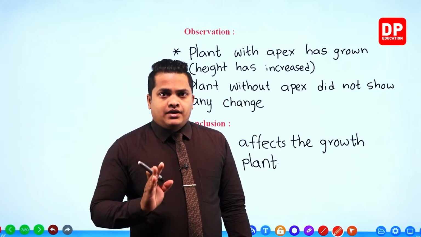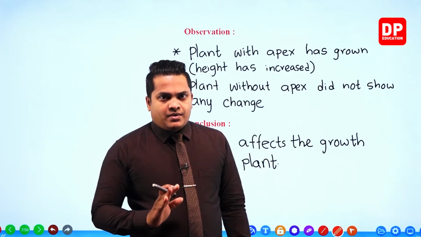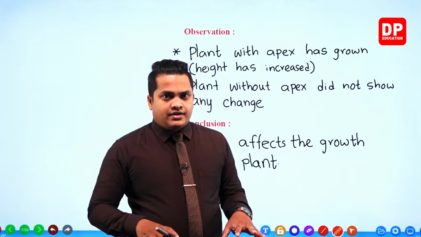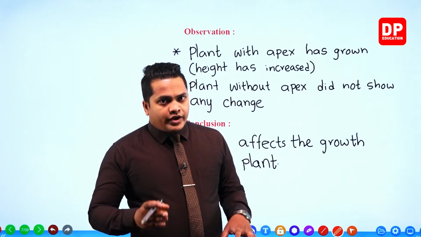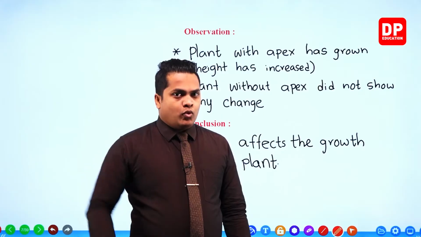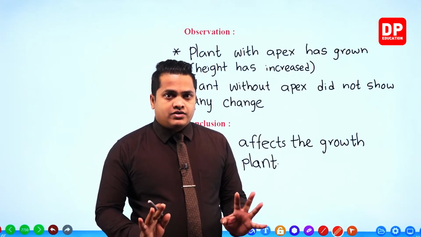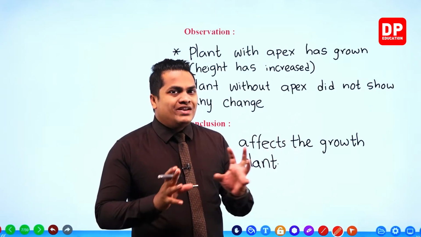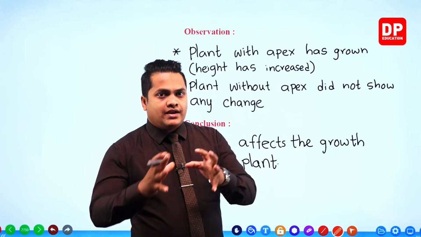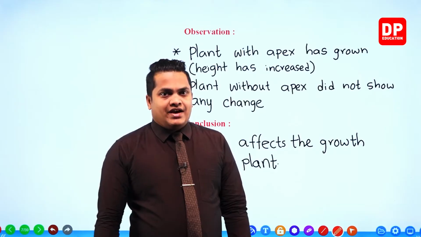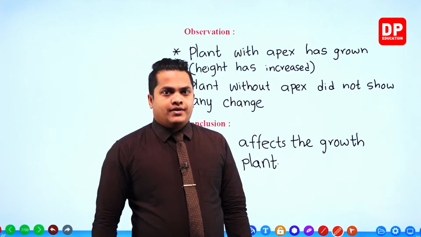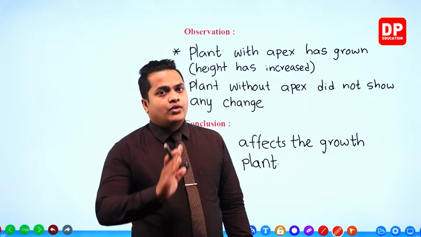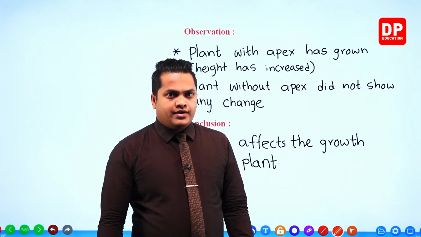You know that when you keep a plant in a horizontal position, it's going to grow vertically upward even though it is in a horizontal position. In the earlier lesson, we discussed that even though that potted plant is lying down, it's going to grow upward.